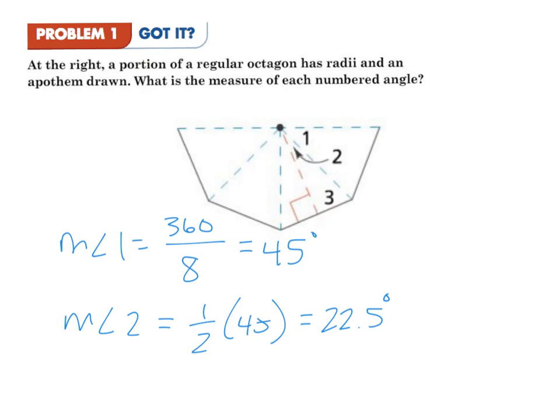We know that angle 2 is 22.5, so we're looking for this spot right here. So 90 plus 22.5 plus this angle, we'll call it x, is 180. If we do the math, the measure of angle 3 must be 67.5 degrees.